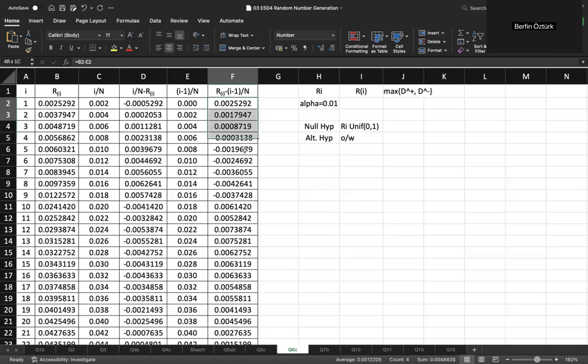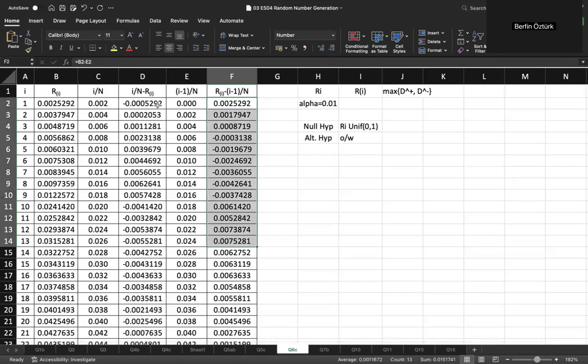So out of these values, we are finding the maximum positive value, and out of here, again, we are finding the maximum positive value. So this column computes the maximum, the theoretical upper bound, and this column computes the theoretical lower bound.